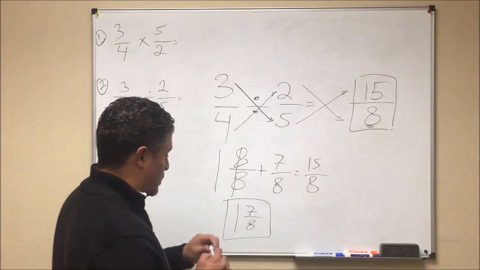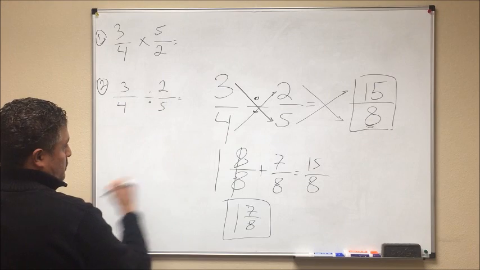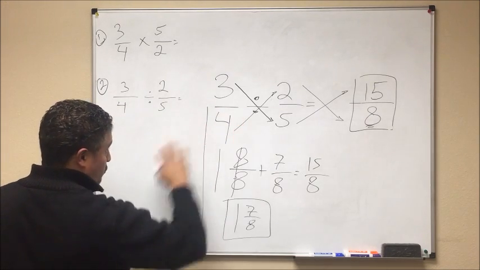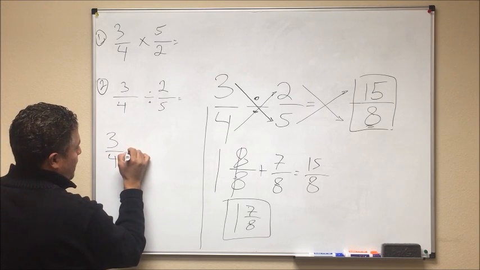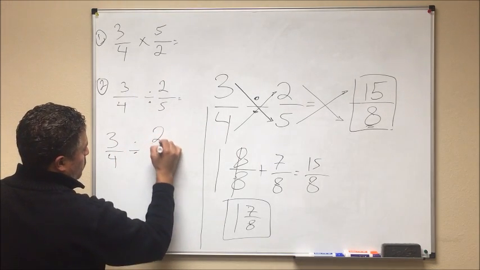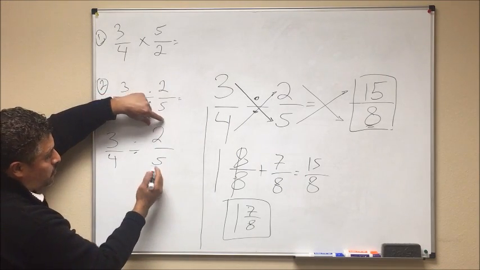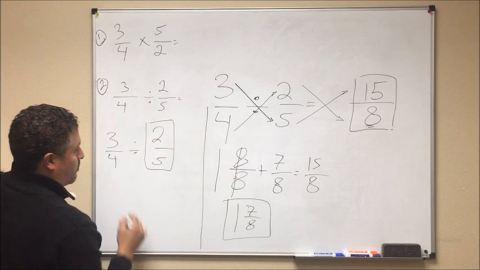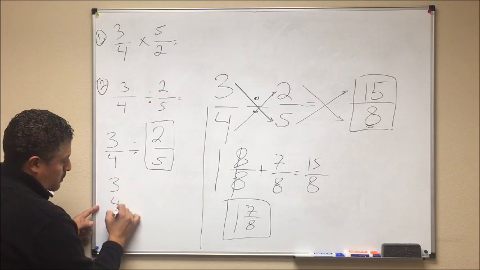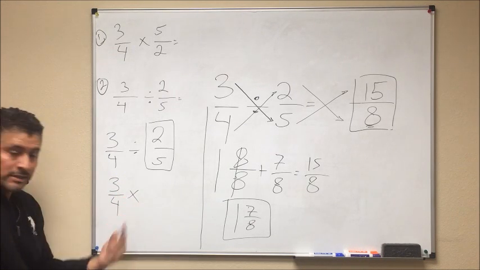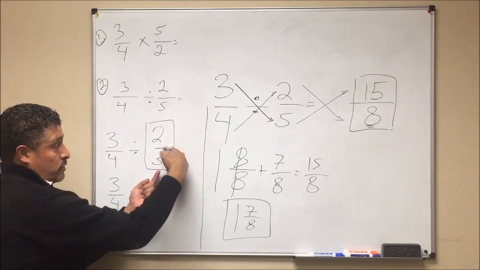Okay? So now let me show you the other way. I'll go ahead and use this space right here, so that you can compare. So if you have 3/4 divided by 2/5, you can also do what is called the reciprocal. You will grab this second number and rewrite it over here on the bottom, and it would be 3/4, and then you put a times, and then you do the reciprocal.